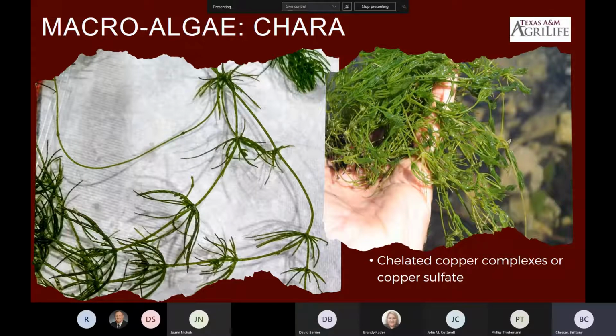So if you look at Chara, this can usually be commonly confused with not only a lot of our submerged species, but specifically coontail, because it does have the appearance of these cylindrical whorled branches and branchlets. And so the key differences to tell Chara from coontail are Chara has a lack of roots, a lack of seeds, and then also Chara has a skunk or garlic-like odor.